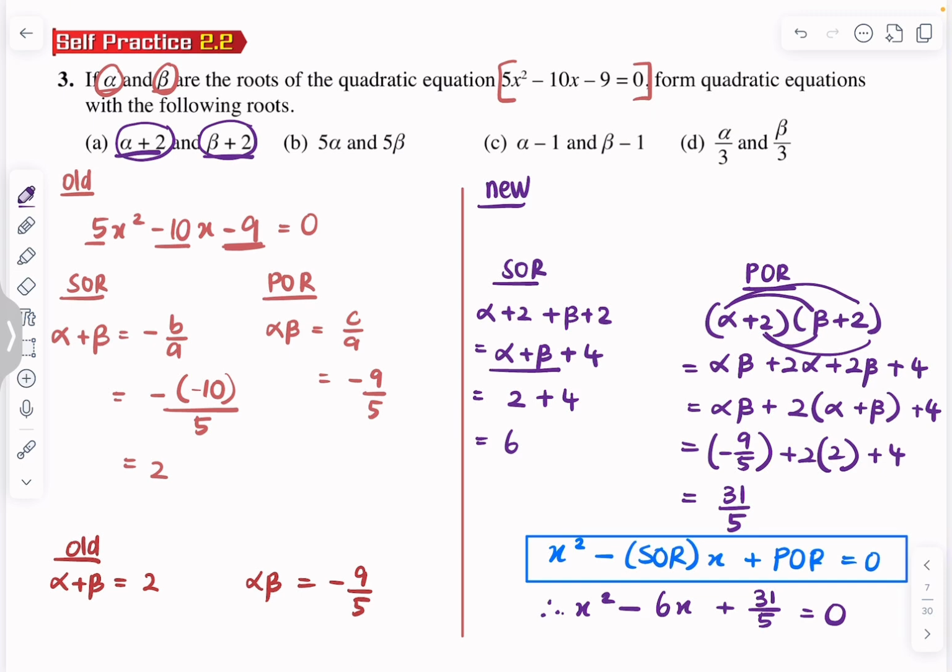Okay. But what we can do is we can try to make the denominators same. Get rid of the denominator. Okay, we got not enough space here. I'll just erase this lah.